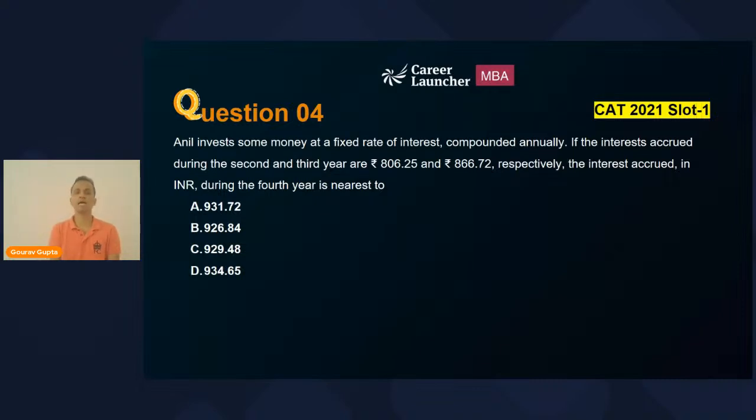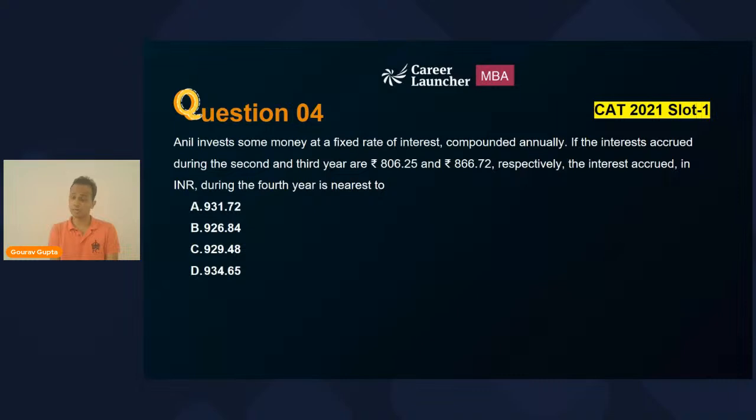And the options are also very close: 931.72, 926.929, 934. Okay, so that means it will be dangerous, harmful for you if you do approximations. So approximations ka to question nahi hai. If the options were far away, then we could have done a little bit of approximations, but we cannot afford doing approximations here. So that means our calculation should be exact.